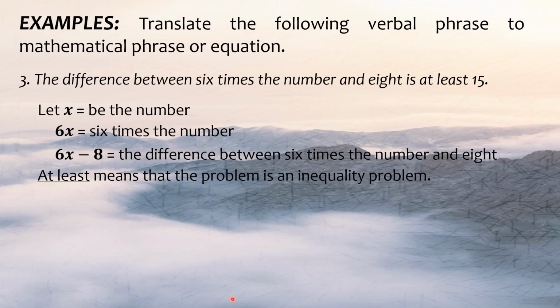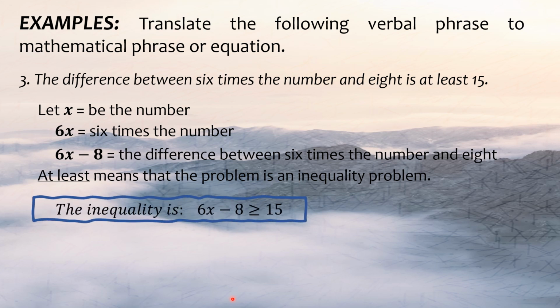At least means that the problem is an inequality problem. Ano yung gagamitin nating inequality symbol para sa salitang at least? So, the inequality is 6x minus 8 is greater than or equal to 15. Kapag may nabasa kayong keywords na at least, automatic ang gagamitin yung inequality symbol is greater than or equal to.